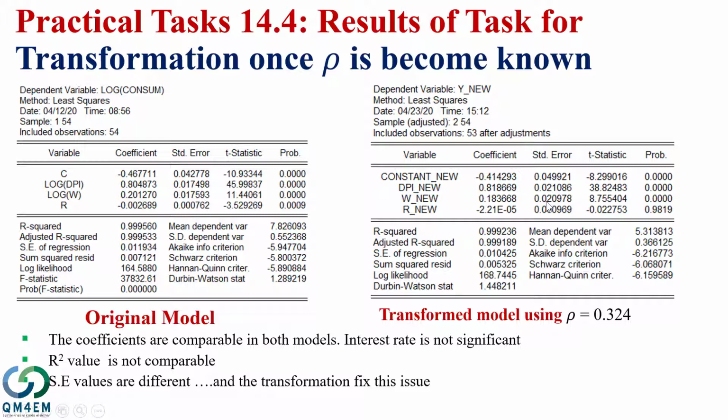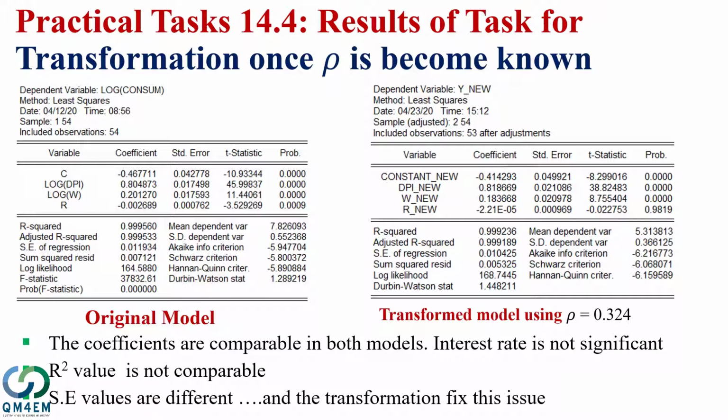These are not the same, and the reason is that autocorrelation causes the standard error to get affected, and because of that t values get affected. And when you correct for standard error and t statistic, you see the probability values changing as well. So the transformation fixed the problem of the standard errors for the transformed model.